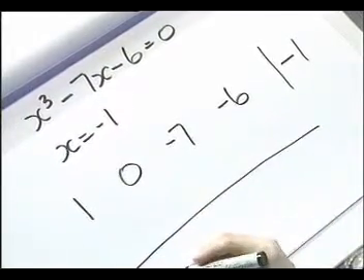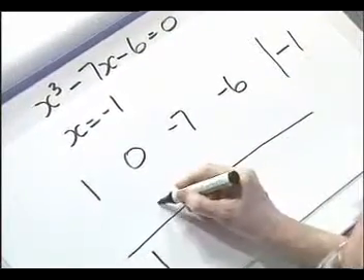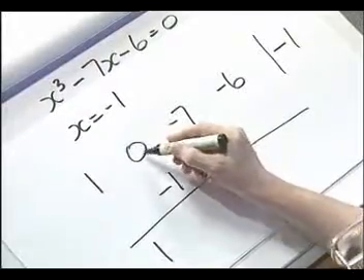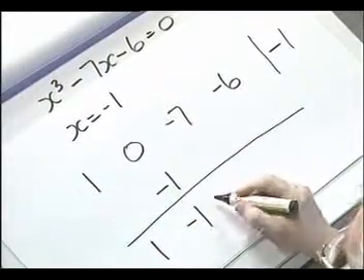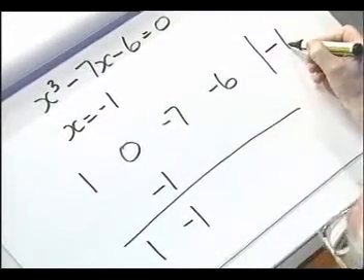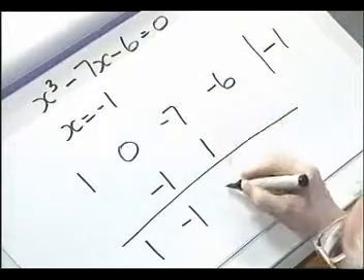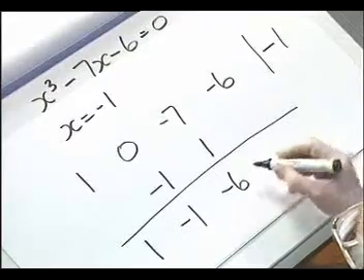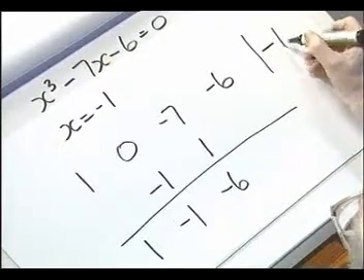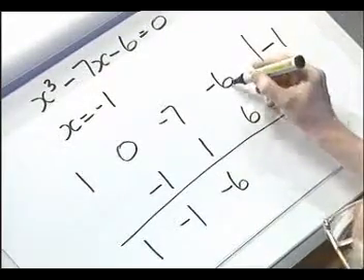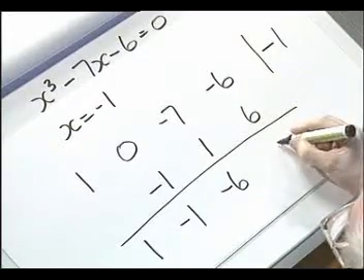I bring the 1 down. 1 times minus 1 is minus 1. Minus 1 and 0 is minus 1. Minus 1 times minus 1 is 1. Minus 7 plus 1 is minus 6. Minus 6 times minus 1 is 6. Minus 6 add 6 is 0.